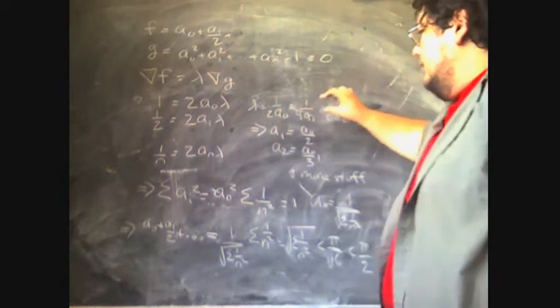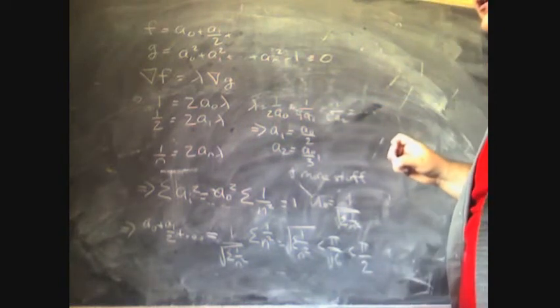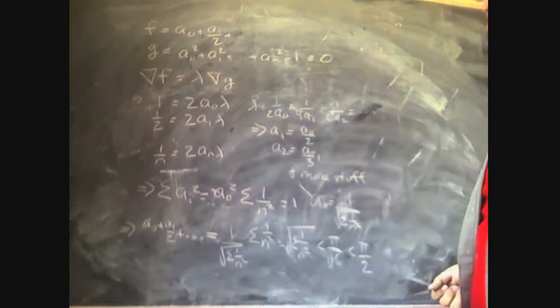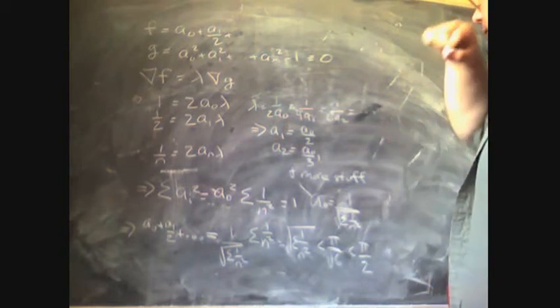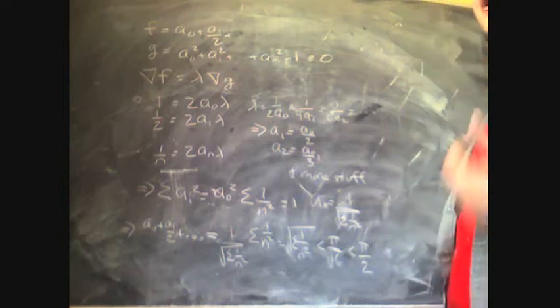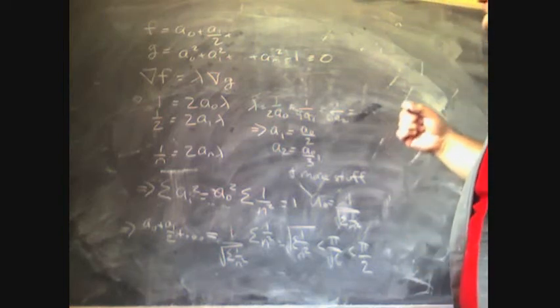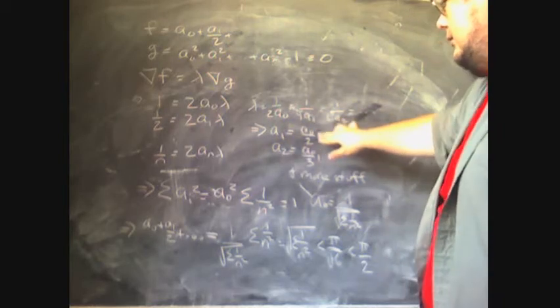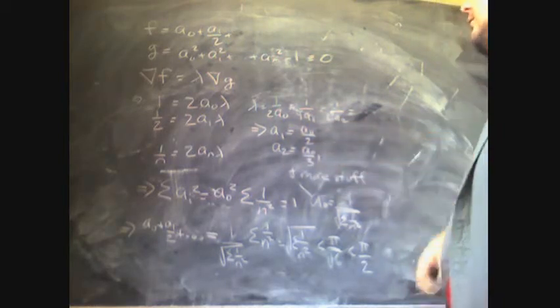So lambda is also 1 over 4 a1, and then same thing, 1 over 6 a2. What this means is that we can rewrite our a1, a2, and a3, etc. in terms of our a0. So a1, just rearranging these terms, is a0 over 2, a2 is a0 over 3, etc.